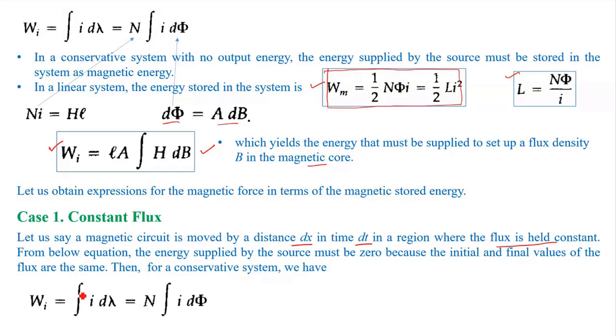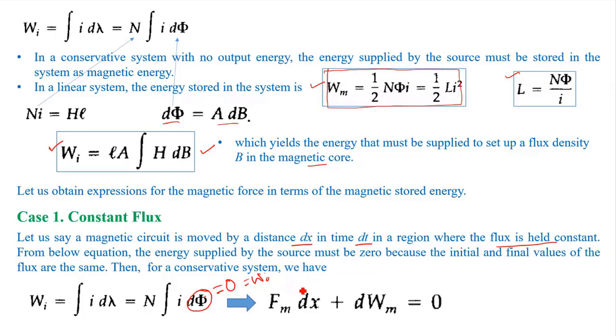If we write the input equation, that is the integration of I d lambda, the integration of I d phi, the flux being constant, d phi will become 0, because the difference between the final flux value and the initial flux value will be 0 when there is a movement of dx distance. Therefore Wi will become equal to 0.